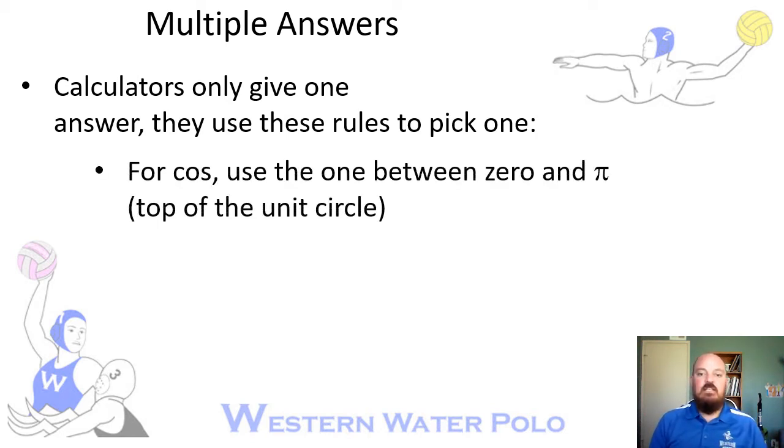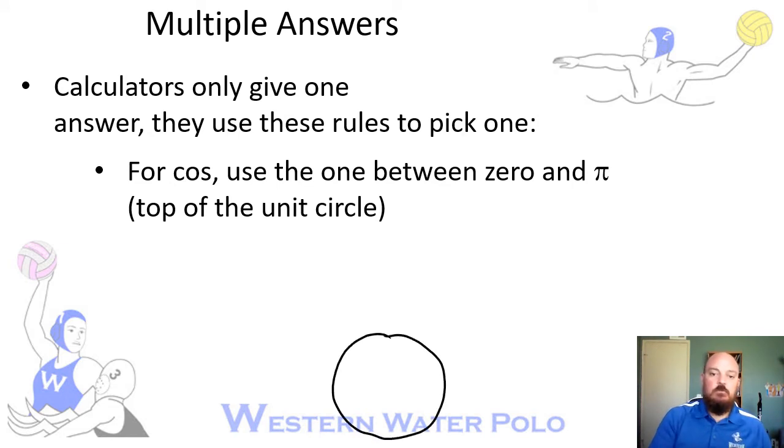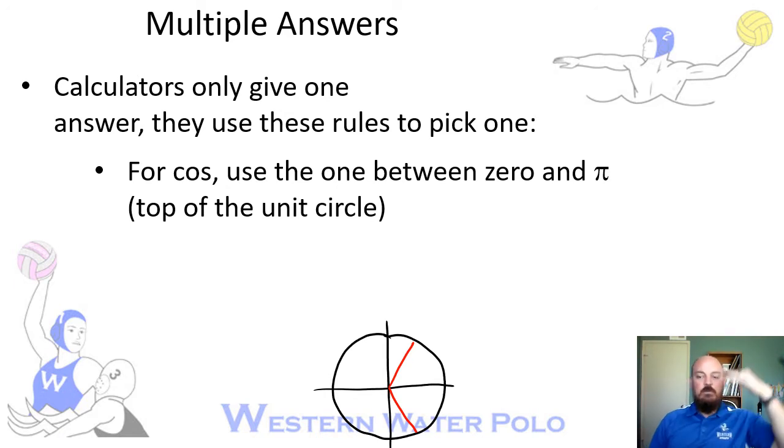Let's start with cosine, because that's the easier one. With cosine, you always get, remember our last picture looked like this. Let me draw it again real quick. Our two answers looked like this. Now, it's always symmetric like that. You always get a mirror image, one answer from the top and one answer from the bottom. So for cosine, it's very simple.